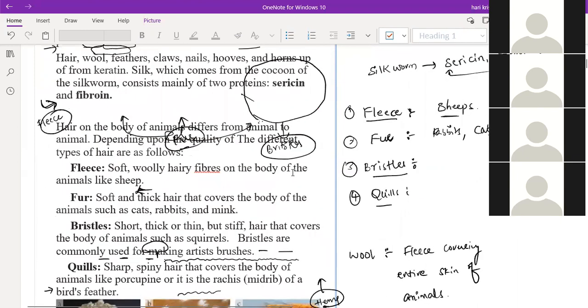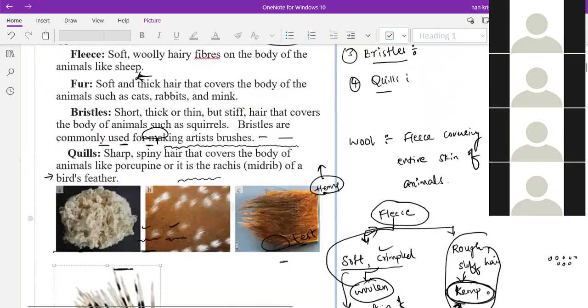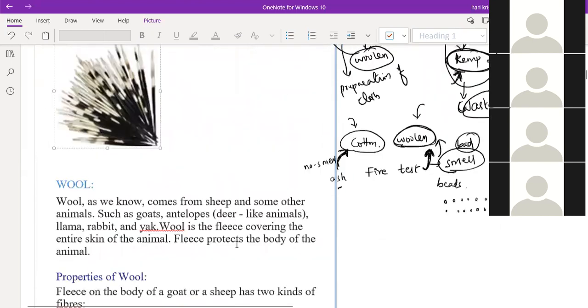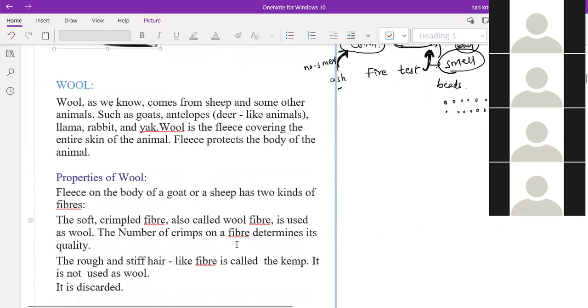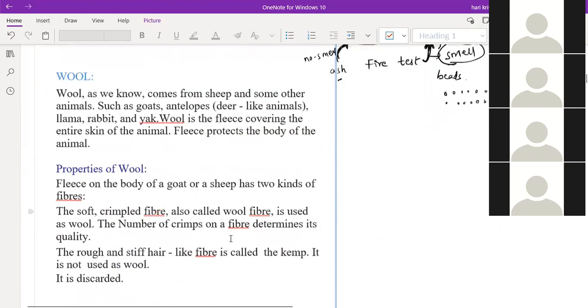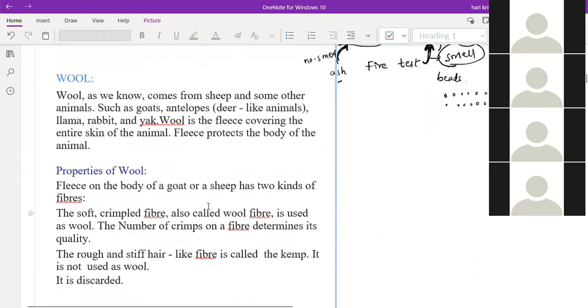Types of hair animals: fleece, fur. When we take the hair of the fleece of goat, sheep, yak, camel, etc., then we get wool.